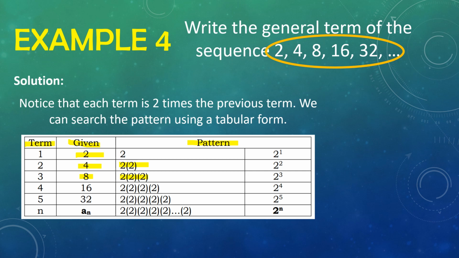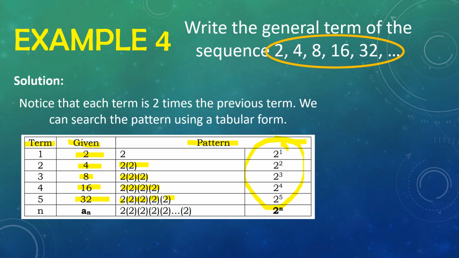How about the fourth term, 16? The pattern here is 2 times 2 times 2 times 2, which is 16. The fifth term, which is 32. 32 is 2 times 2 times 2 times 2 and times 2. So what can we say about the general term using these patterns?